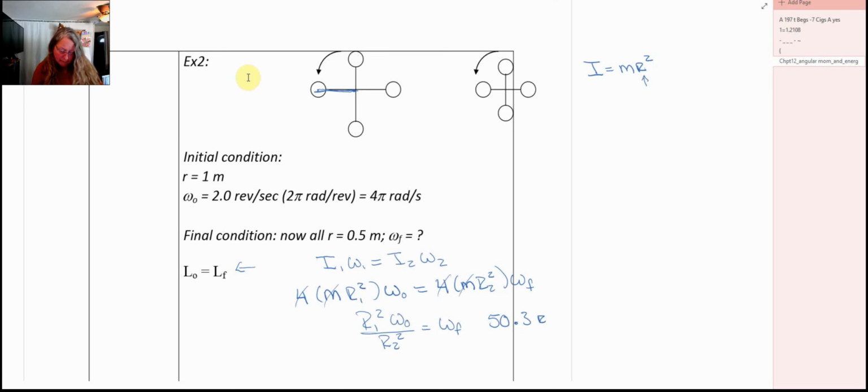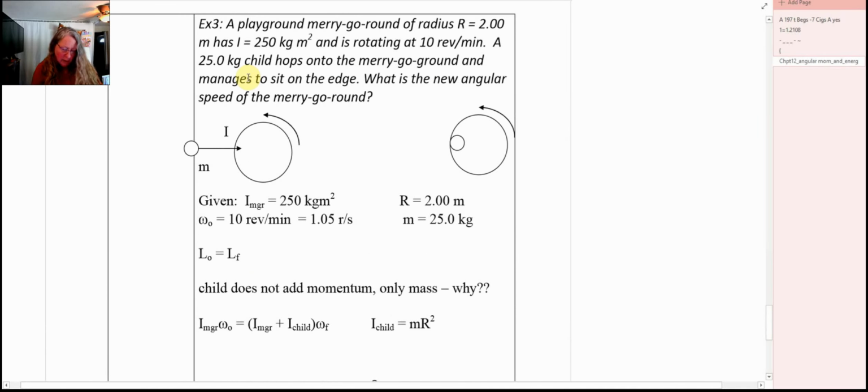So let's see. This is very similar to the quiz question I gave you, where there was a little cup thing on the disc. Instead of having the child on the merry-go-round run at the merry-go-round tangentially and jump on and make it spin, in the quiz question and here, I have the child coming straight at the thing.